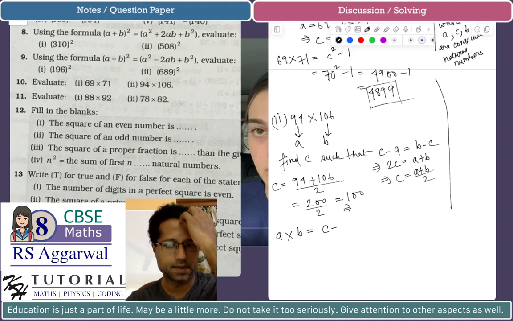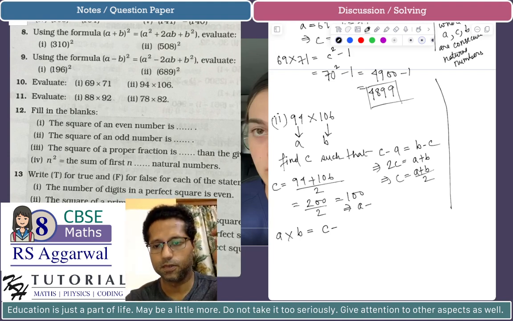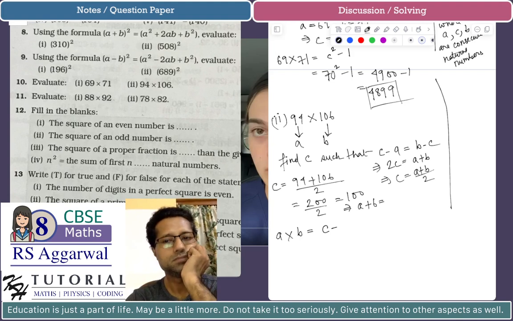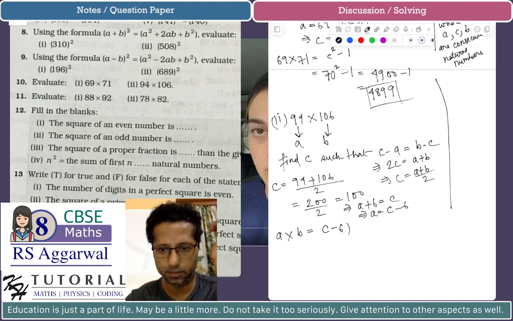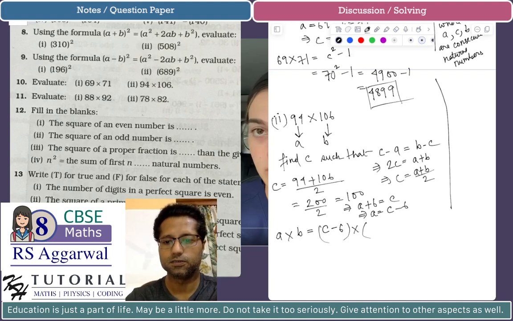This implies that A plus 6 is equal to C. So we can see that A is equal to C minus 6, and we can write this multiplied by C plus 6.